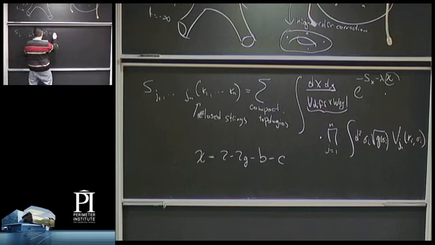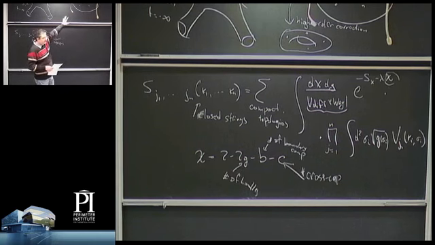In order to evaluate this, we have to evaluate the following path integral. This is for closed strings, so this is for closed string scattering. We have to sum over compact topologies of the worldsheet.